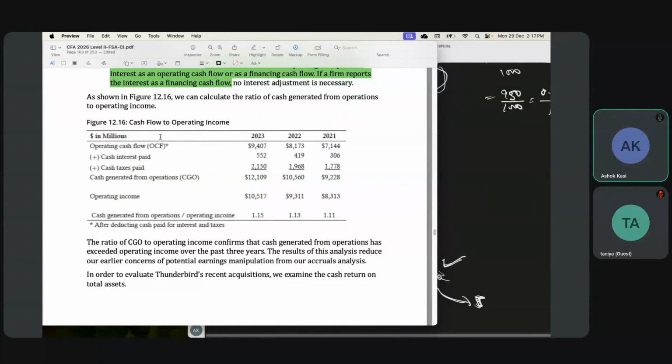Then here, cash generated from operations. You can divide these: 12,109 divided by 10,517. You will get 1.15.